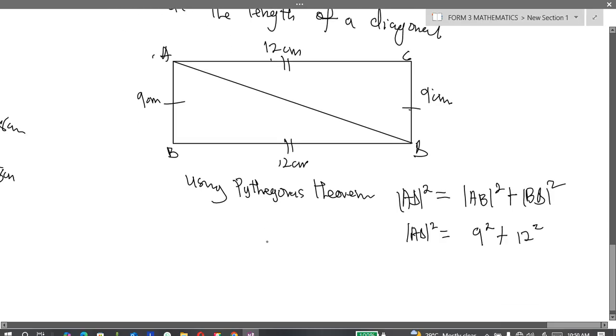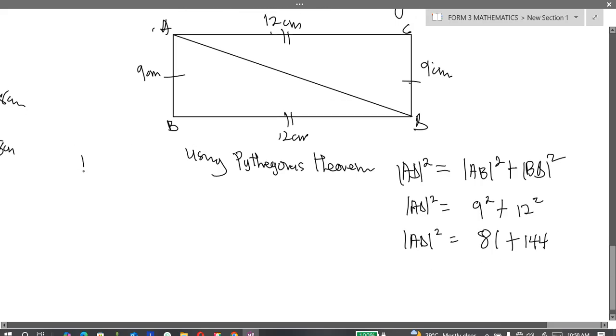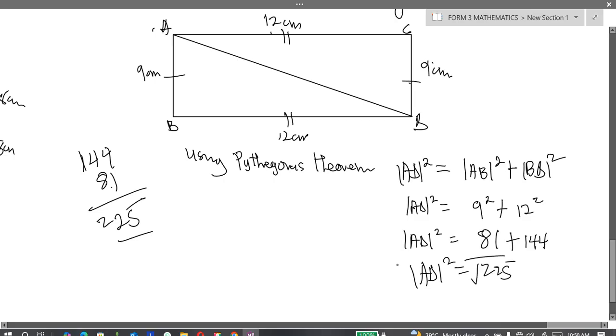So AD squared is equal to 81 plus 144. I always do the calculation here for you, and we get 225. So we have AD squared equal to 225. What is the square root of 225? AD gives us 15 centimeters.